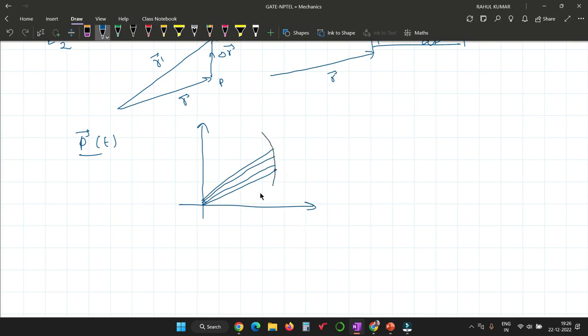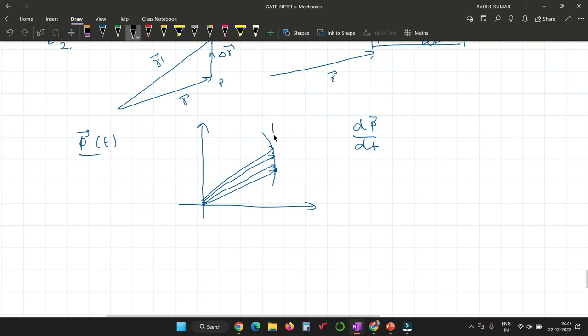If you connect each point, you will get a curve. Now if you want to see the direction of dp by dt, then at that instant of time you have to draw a tangent.